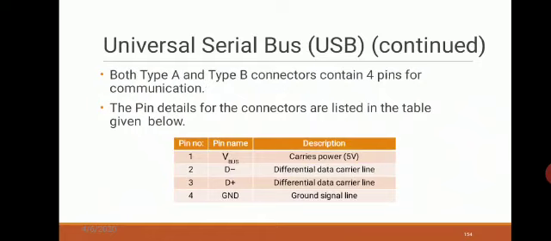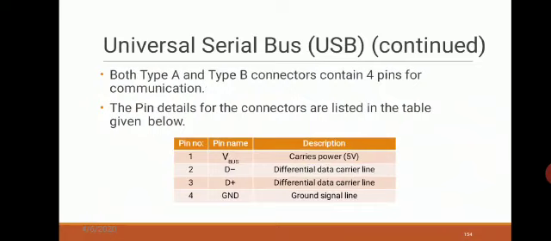As you have seen, whenever we connect a USB cable, suppose you want to transfer data from your mobile to the laptop or desktop through this USB cable, then when you connect the USB cable from your mobile to the PC, you can see that the mobile will charge. Why will the mobile charge? Because it has a pin which carries a voltage of 5 volts. So that pin carries the power of 5 volts.